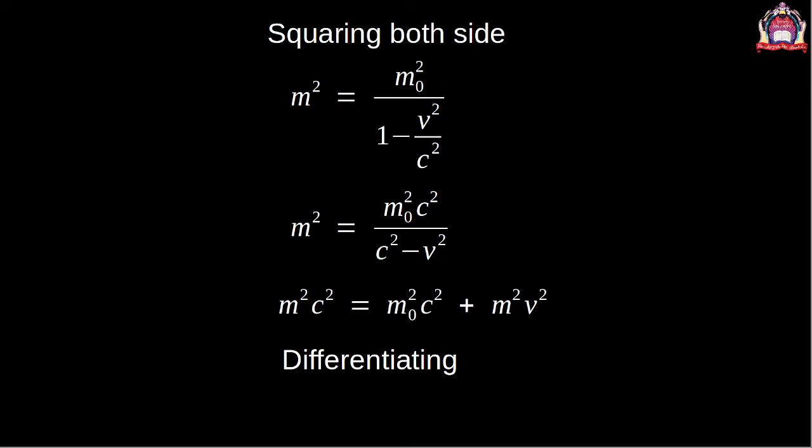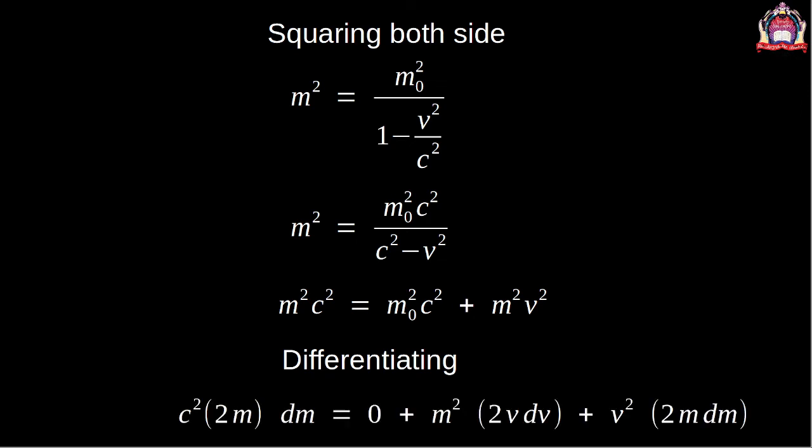Then differentiating this term, we get c² 2m dm = 0 + m² 2v dv + v² 2m dm, since m0 and c are both constant.